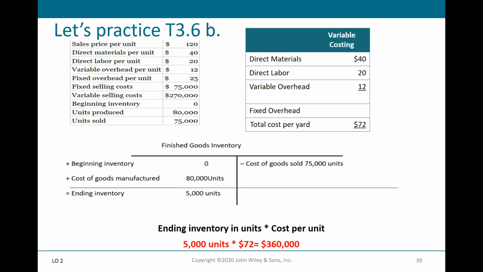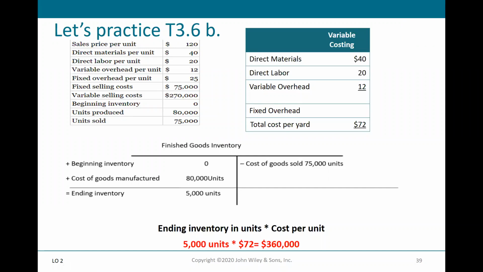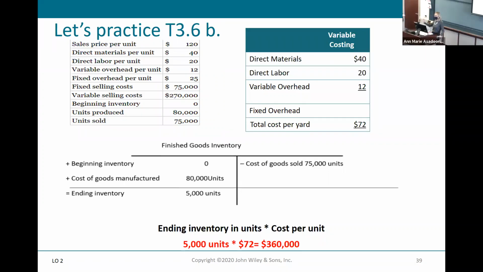This one? Yeah. When you count the changes in net income, why do you use 72? This is not the change in net income. That's why I pulled this question out. The question asked you, what's the value of your ending inventory under variable costing? So under variable costing, you're valuing your inventory at $72.